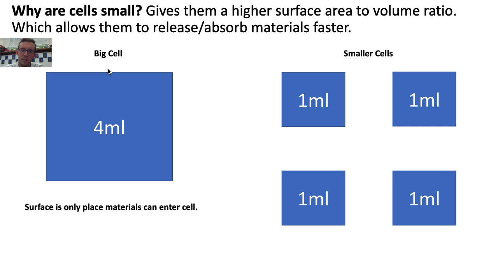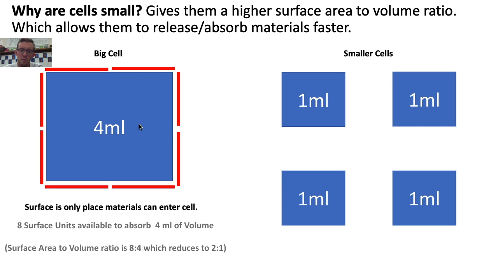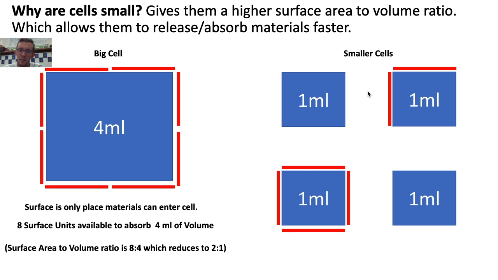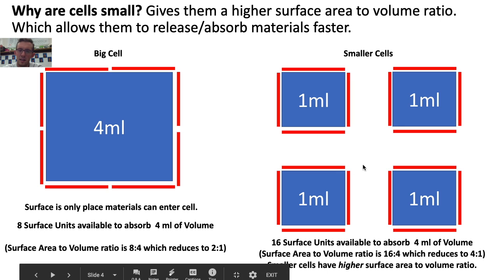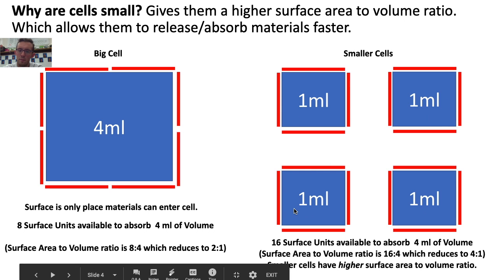If we look at this big cell, we can see that it has 8 units of surface area available to absorb its 4 milliliters of volume. So we'd say its surface area to volume ratio is 8 to 4, which reduces to 2 to 1. Whereas the smaller cells have a surface area of 16 available surface units to absorb the same 4 milliliters of water.